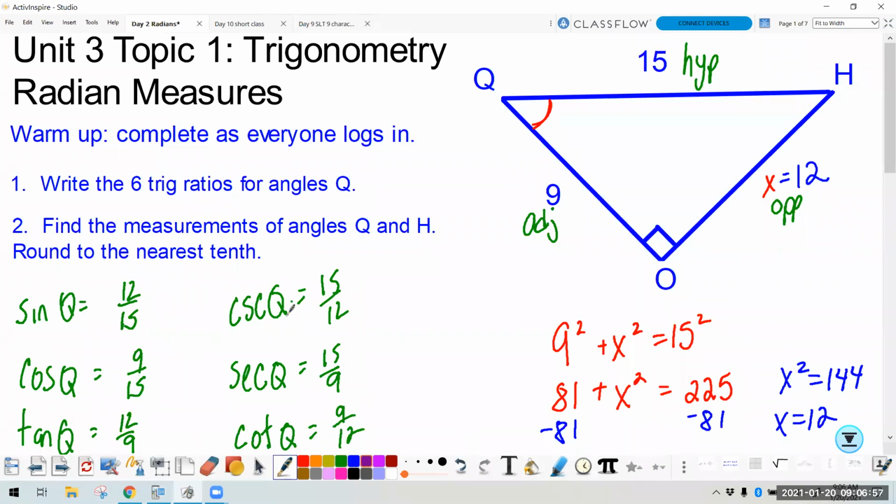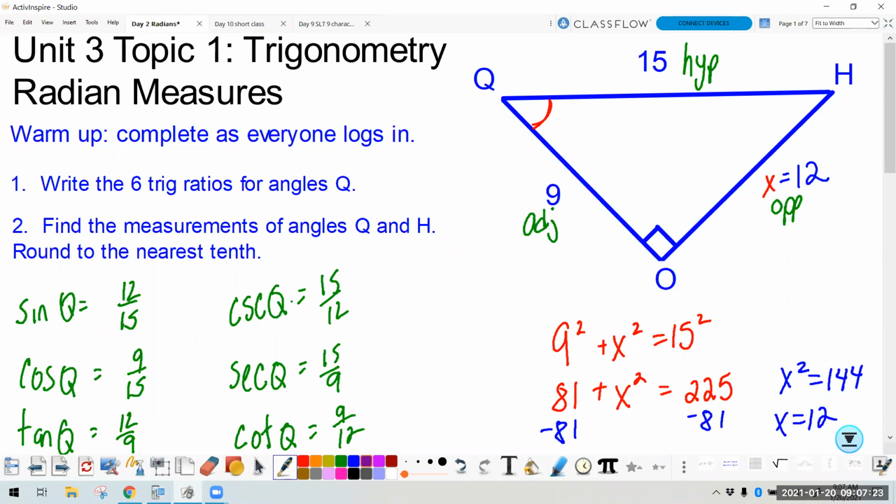Okay, we get to pick any ratio you want to find the angle. We've got all 6 here. The calculator has sine, cosine, and tangent buttons. So I'm not going to pick the reciprocals when I go to find an angle. I'm going to pick one of my 3 starting functions, sine, cosine, or tangent. Pick your favorite one. In the chat, send me what is your favorite function, sine, cosine, or tangent. No wrong answers.